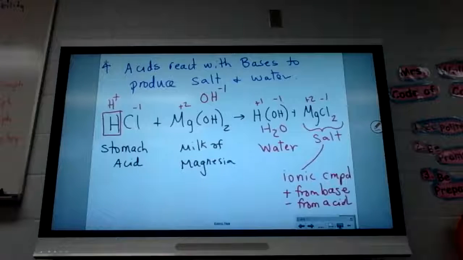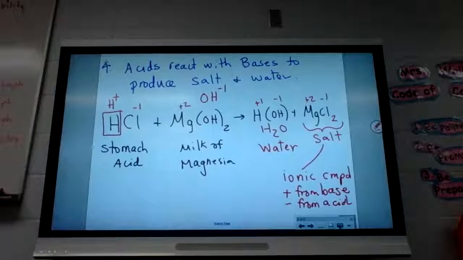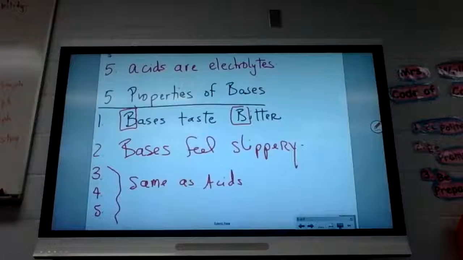So number 3 should say bases change the color of indicators. For number 4, instead of acids react with bases, we should change it to bases react with acids. And for number 5, I should change it to bases are electrolytes. The same properties apply to bases for 3, 4, and 5. Do I need to write those again? No. Okay, I just wanted to double check.